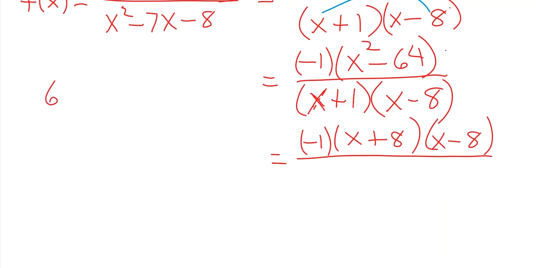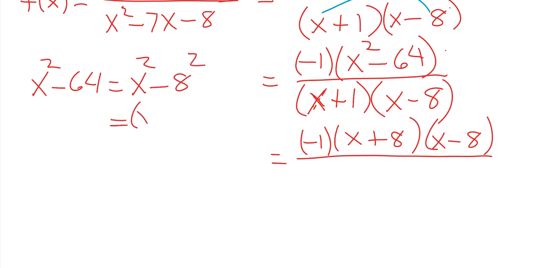Remember, I probably should have shown this, but in the interest of time, I didn't. But notice that x squared minus 64 is equal to x squared minus 8 squared, which factors as x plus 8 times x minus 8, okay?